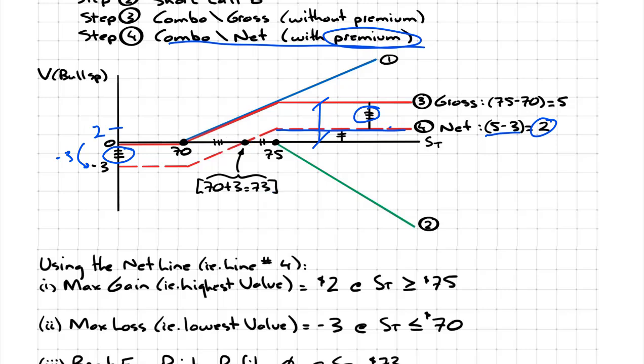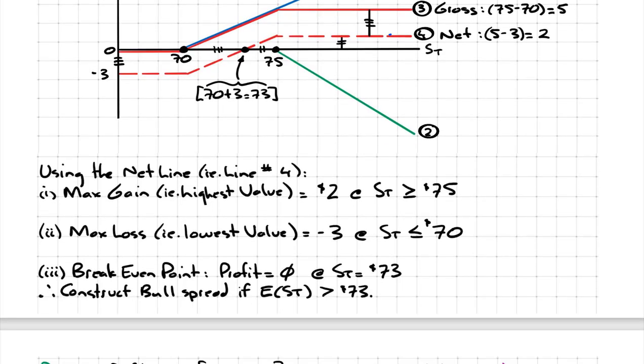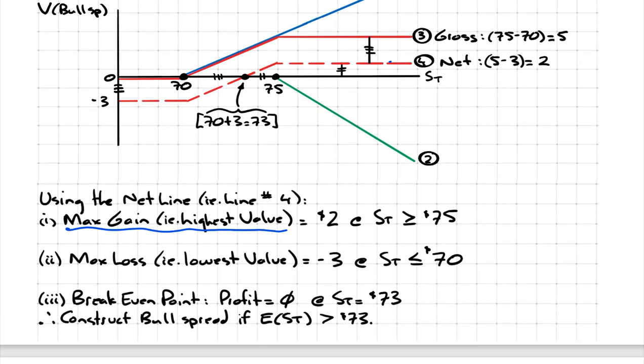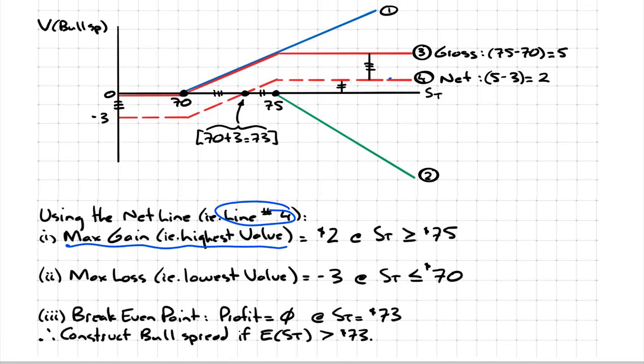So now that this plane is all fully labeled, we can go ahead and answer the critical point questions. The first thing we want to ask is, what's the most I can make? That's the highest value you could earn. And again, the trick is to follow the net line, which is represented by line number 4. What's the highest value that your position reaches? Remember, this is 0, so anything above is gain, anything below is loss.